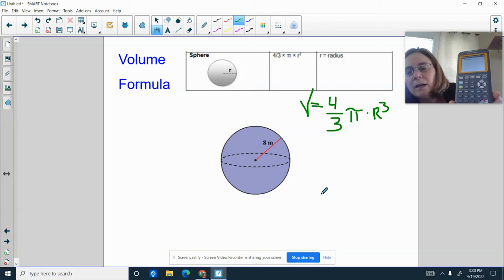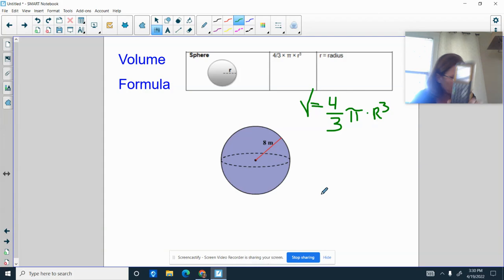That's how you get exponents other than 2. So you're going to put 8 and then you press this up caret and then you put the 3 in and it'll make an exponent. If you're using the regular TI-30XS, the exponent up caret is on the left-hand side of your calculator over here.